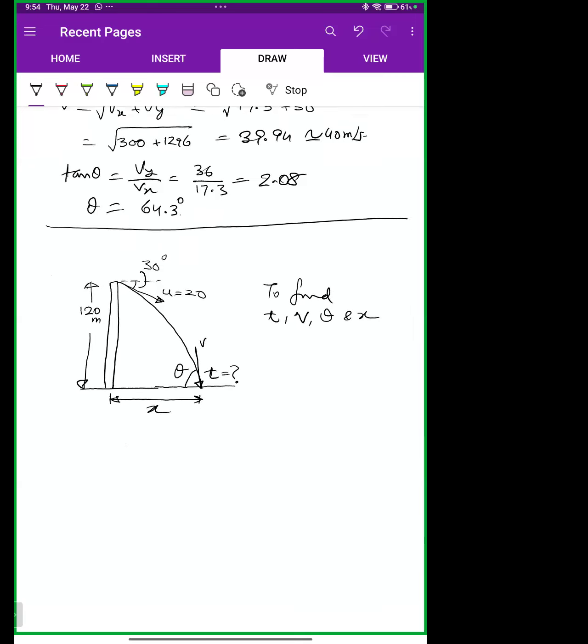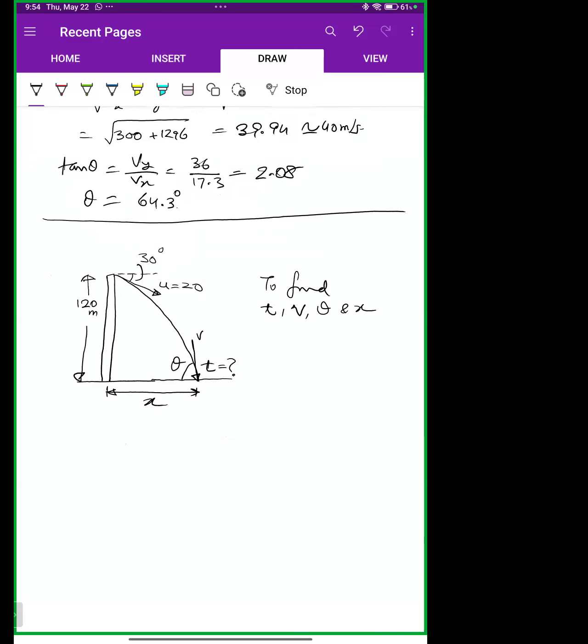See, take downward as positive. You should try all types of combinations.